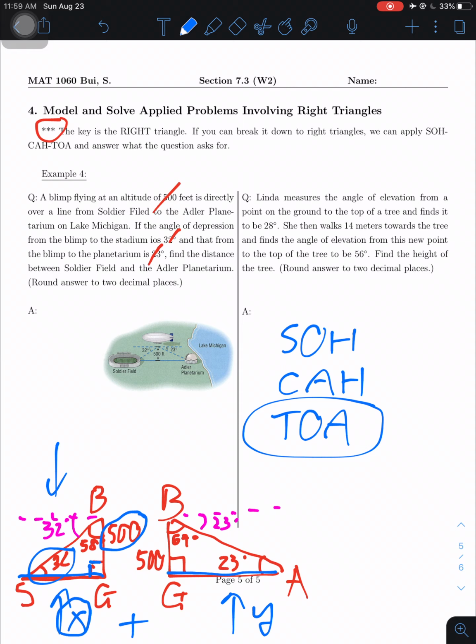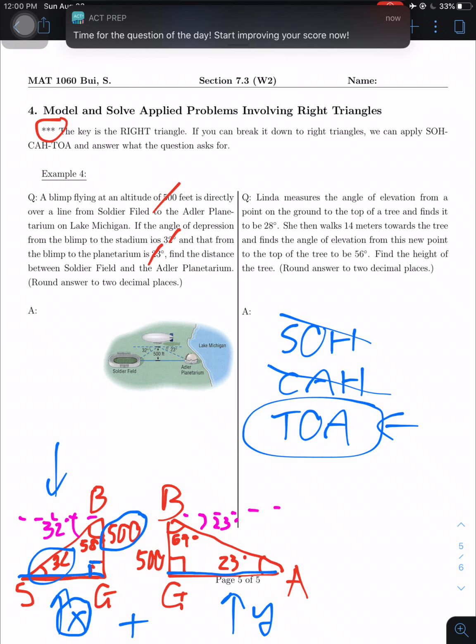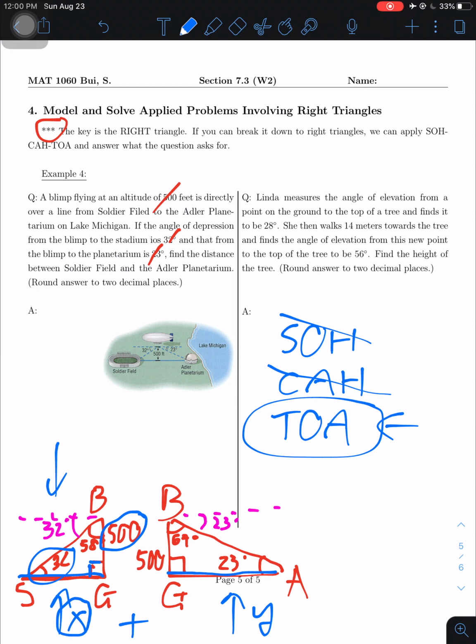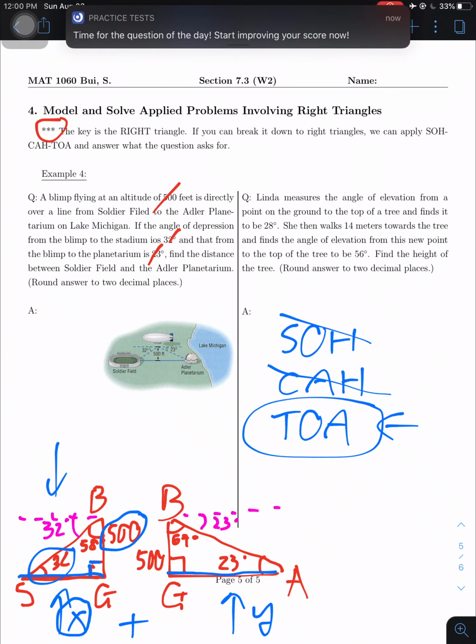I'm going to do it in two ways, just in case you ask why I pick the 32 degrees, not the other angle of 58 degrees. I'm going to show you how to do it in two ways. But I really hope you see why we go for tangent, not for sine or cosine. We don't go for sine or cosine because we don't have the hypotenuse and we don't have to find the hypotenuse.